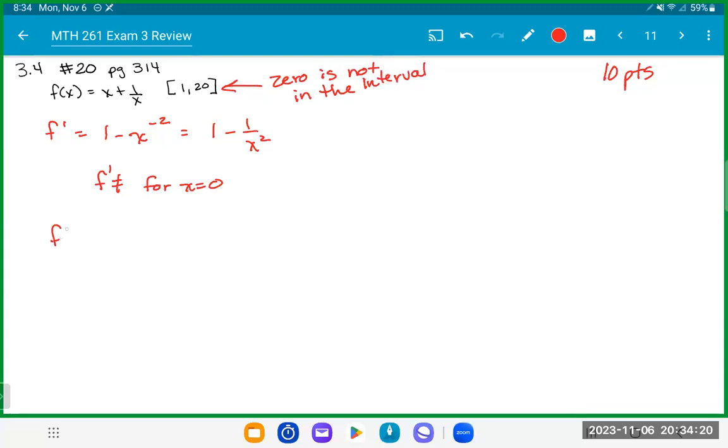So we can say that if we set our derivative equal to 0, we would get 1 minus 1 over x squared equal to 0. So that is x squared is equal to 1, or x is equal to plus or minus 1. Okay, note -1 is not in the interval.